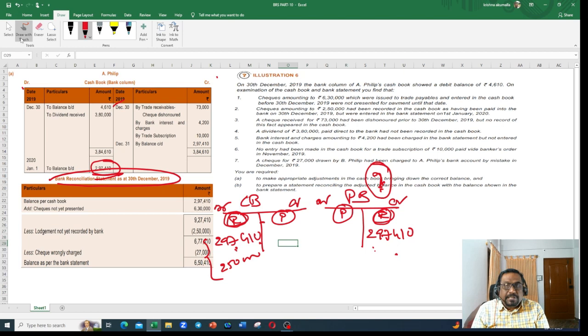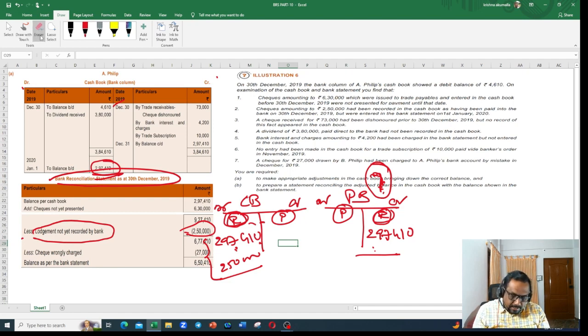So in this particular case, the cash book balance got increased. Hence, we need to assume that the passbook balance is reduced. Since the question mark balance is reduced, we are subtracting this. Less: checks deposited but not collected by the bank, 2,50,000. 2,50,000 we recorded. Next.